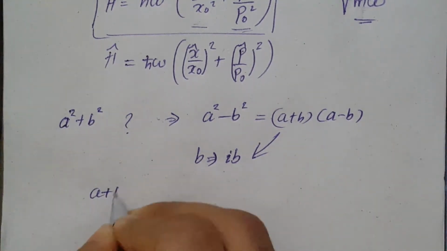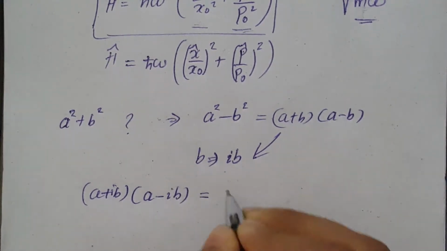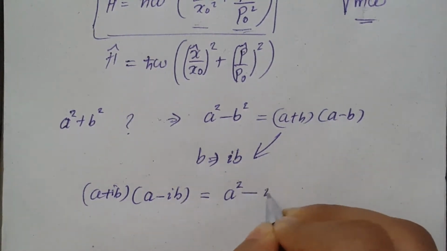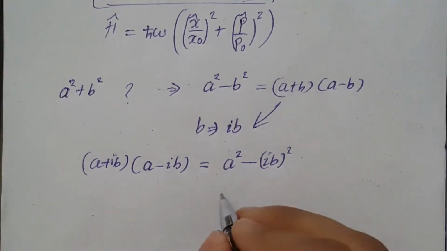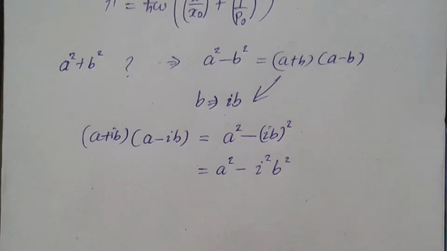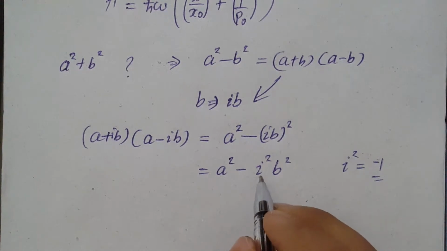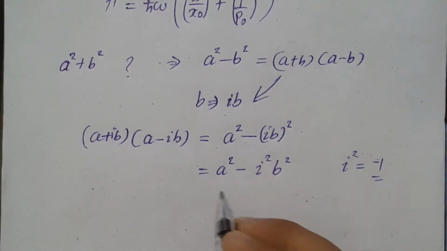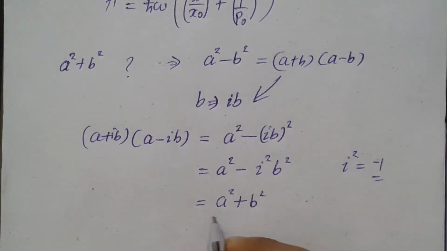Let us check. a plus ib times a minus ib will be a square minus (ib) squared, right? But what is (ib) squared? This will be i squared b squared, but we know i square is minus 1, so that minus 1 will get multiplied with this minus and it will become plus, so we will get a square plus b square.